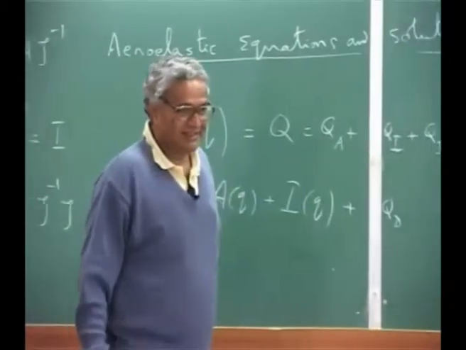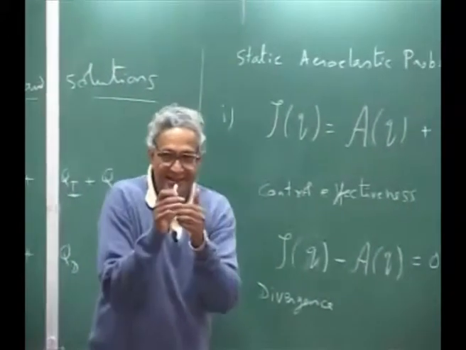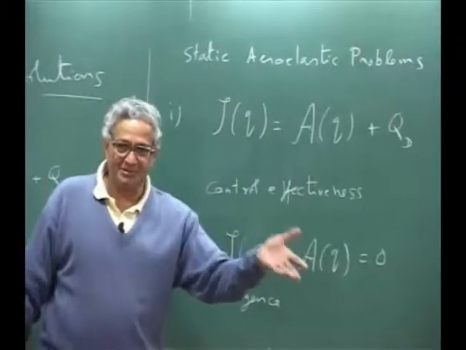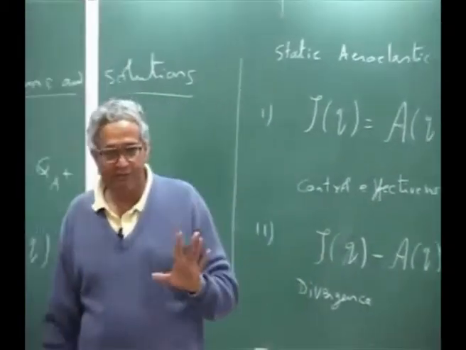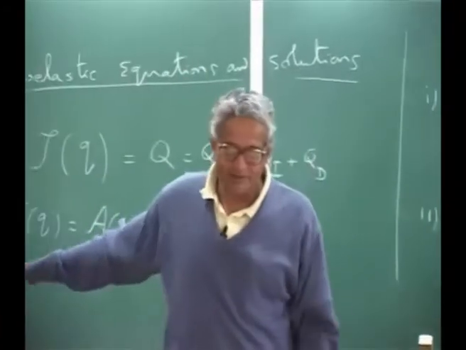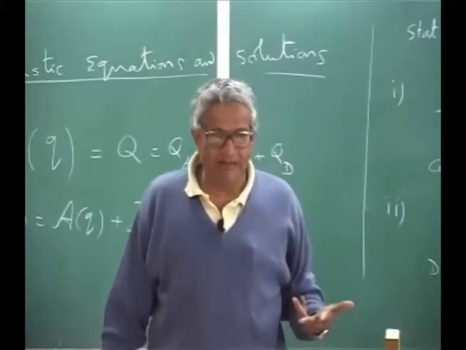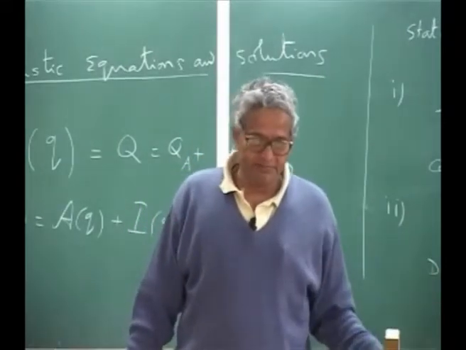Only thing is, a sub part of the equation represents a particular problem. That's all. So the whole idea is first formulate the equation of motion or equation for representing the aeroelastic problem, then classify what type of problem you are solving.